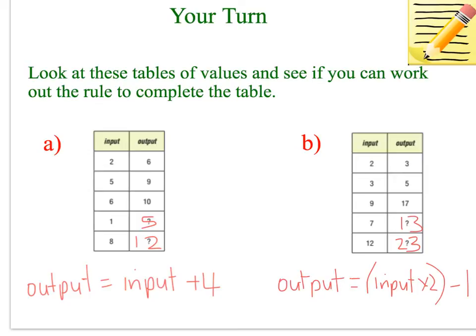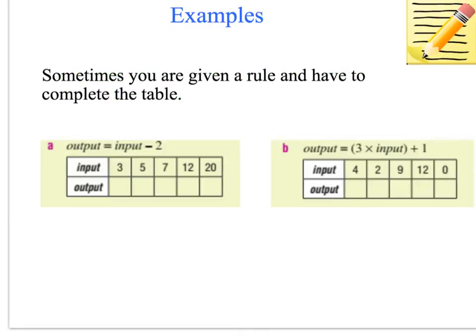Okay, so that's quite a complex one, but you need to be aware of those sorts of rules being in play. Sometimes you'll be given a rule and have to complete the table. So in this case, the output equals the input minus 2.